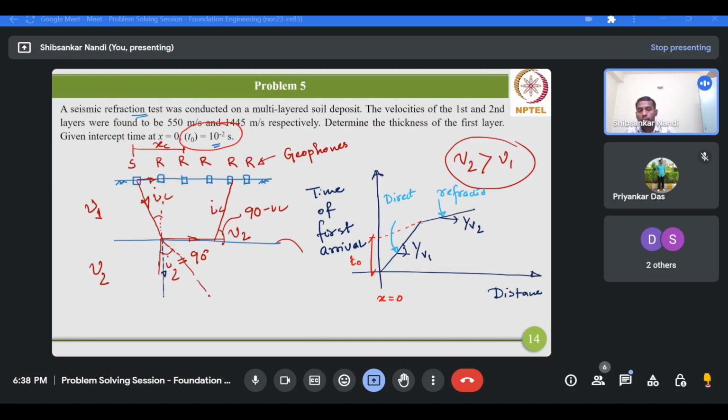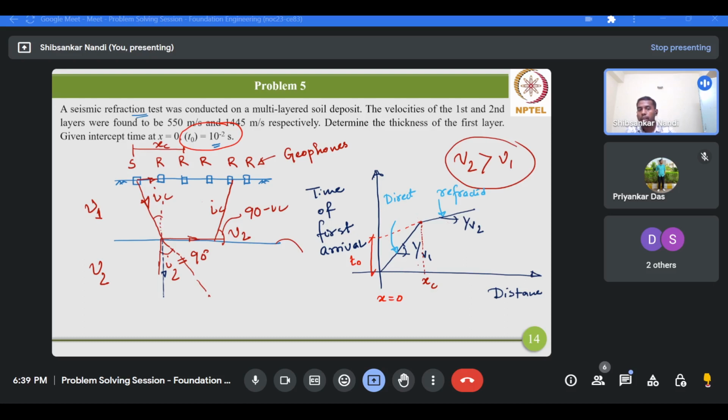As you can see at this point, this is your xc. At xc, the direct wave and refracted wave arrive exactly at the same time. Below this xc, only the direct wave will arrive first, and beyond this distance, the refracted wave will arrive first, as we have discussed earlier.